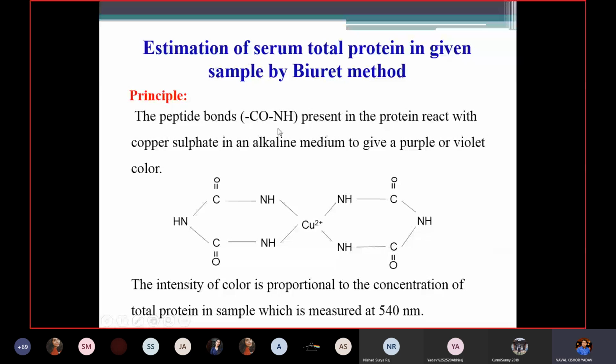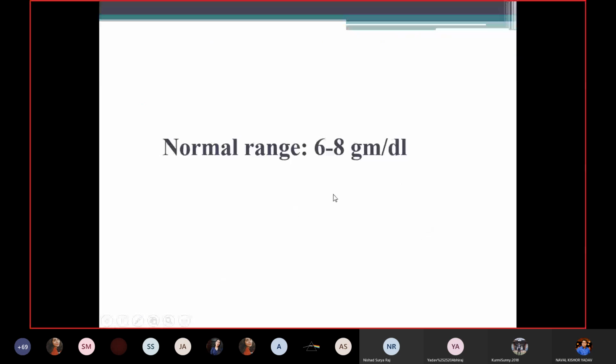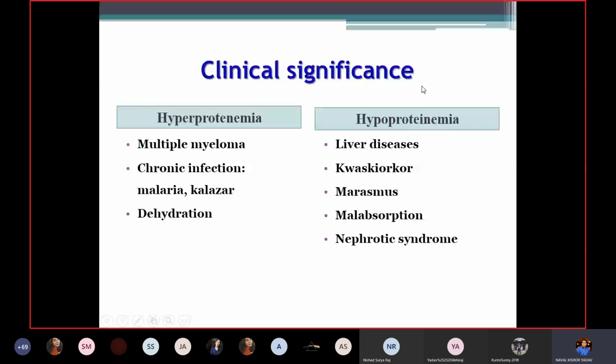Okay, this is 1 mark, this is 1 mark, like this it will be 2 marks, this is 1 mark. Heading is 1 mark. Normal range is 1 mark, 6 to 8 gram. Then you have to mention the clinical significance under two headings, that is hyperproteinemia and hypoproteinemia. Hyperproteinemia: myeloma, infections like malaria, Kala-Azar.